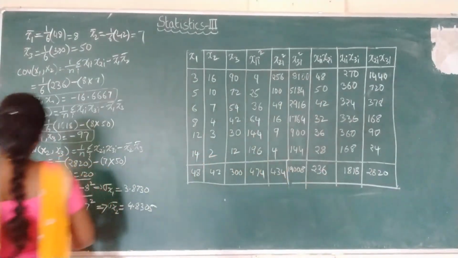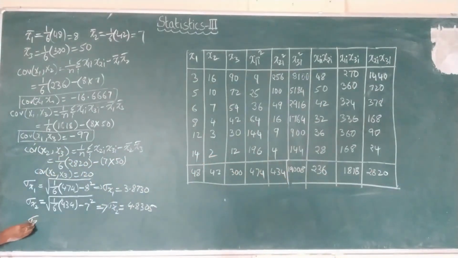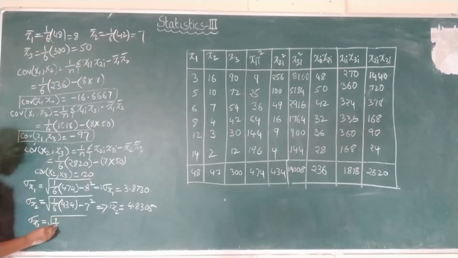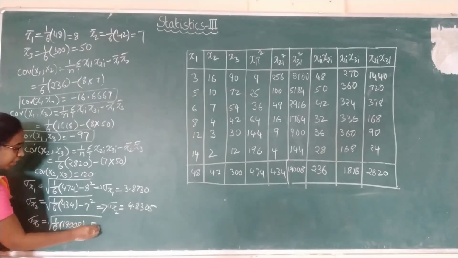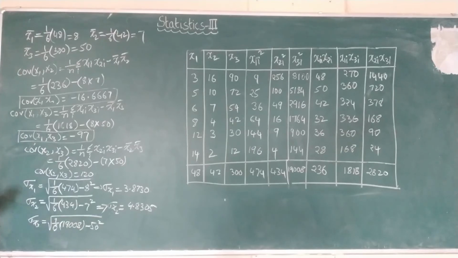Now similarly, find out the sigma x3 value also. That is, sigma x3 equals square root of 1 by 6 into the summation of x3i square value, which is 19008, minus x3 bar, which is 50, so 50 square. So 19008 divided by 6 minus 50 square.